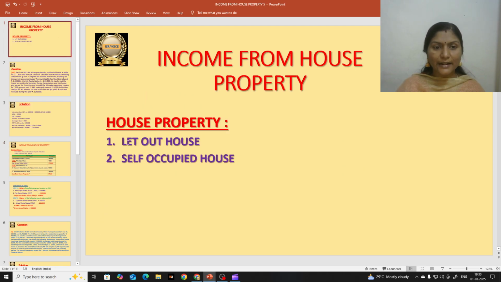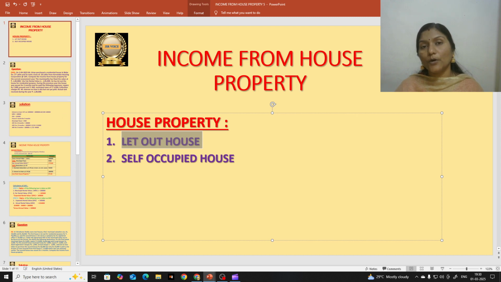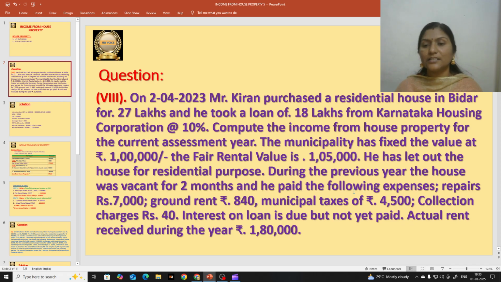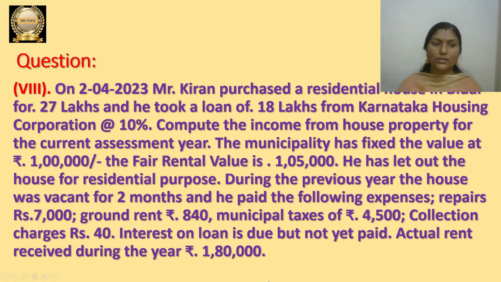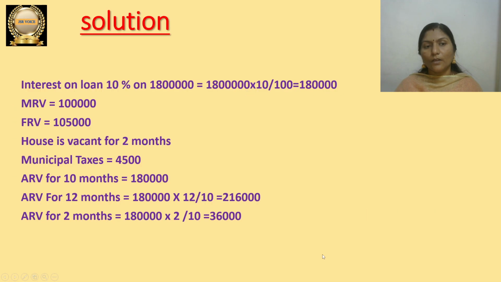So we discussed a let out house, and here the point we focused on is that there is no unrealized rent and a vacancy period is there. This is our question, students. I will show that. This is our full question, and this is the solution.